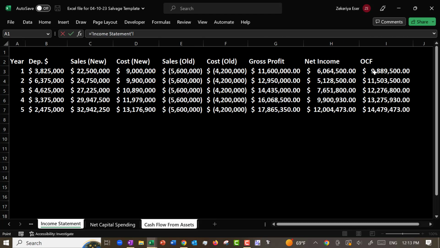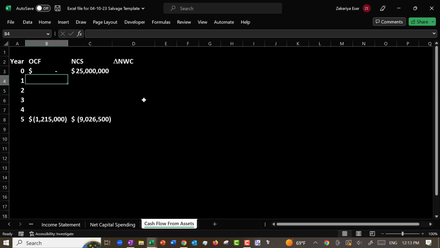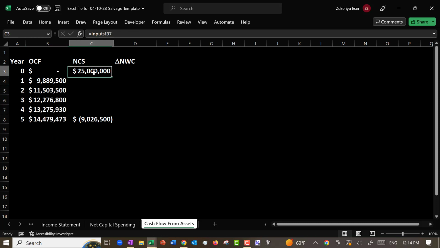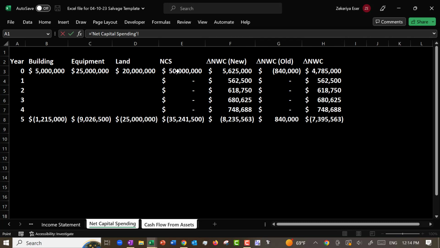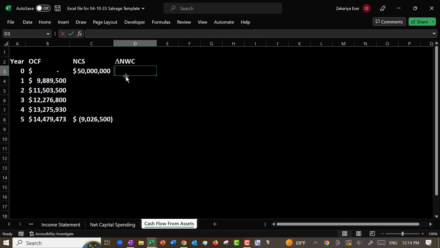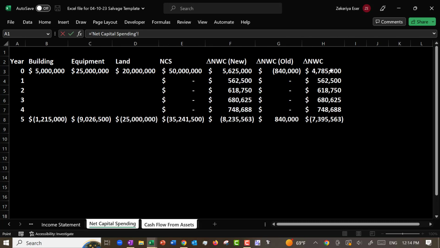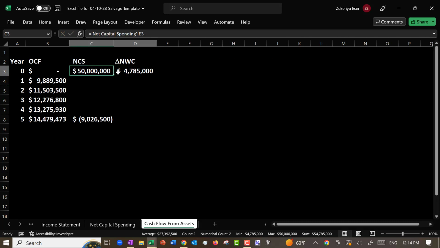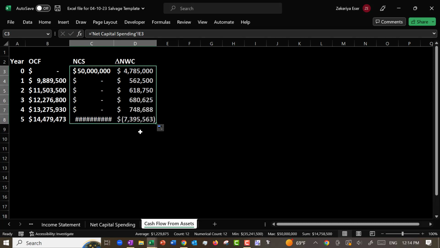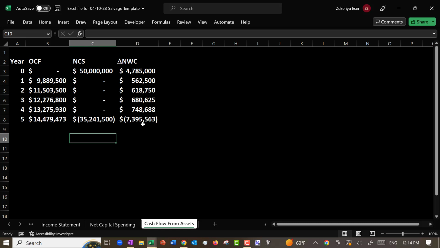It's already on the income statement. Oh, I'm sorry. The year zero of that is 0. I could have calculated all of that in that sheet, but I'm going to have this separately.